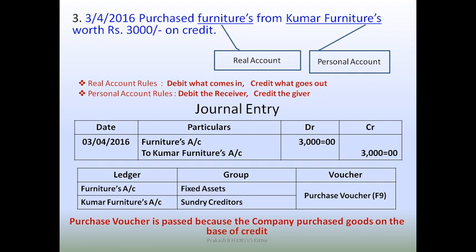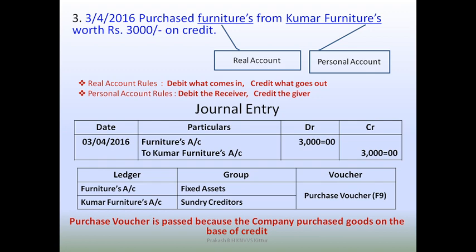Date 3/4/2016, particulars, the ledger head, that is the furniture account. It is on the debit side because the furniture account is a real account, and the real account rule said debit what comes in, credit what goes out.